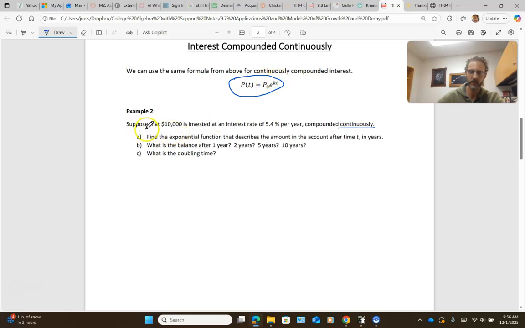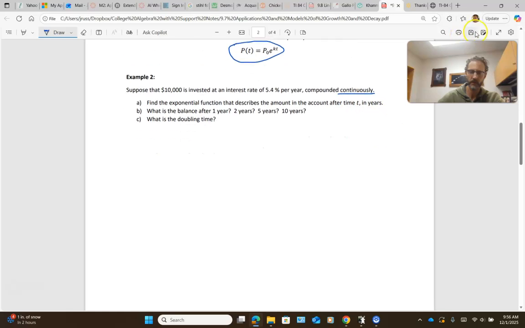Alright, so part A, similar to the previous problem, says find the exponential function that describes the amount in the account after t years. So again, I'm just going to plug in those parameters. P of t, or you could call this A of t if you want, because this is a financial problem, is equal to the initial value, which in this case is the $10,000, times e to the power of k times t.